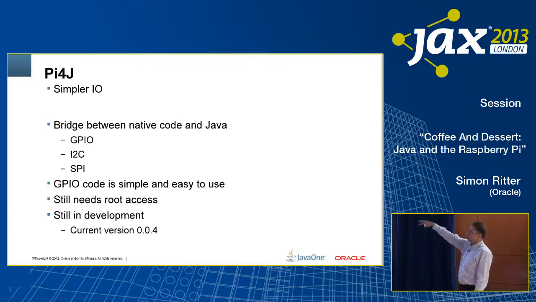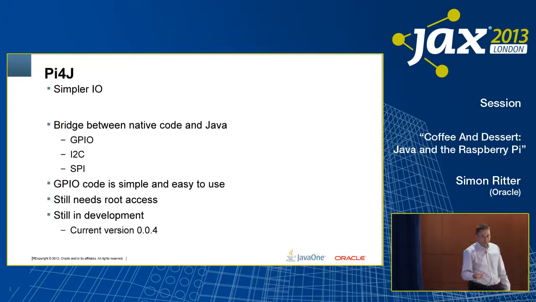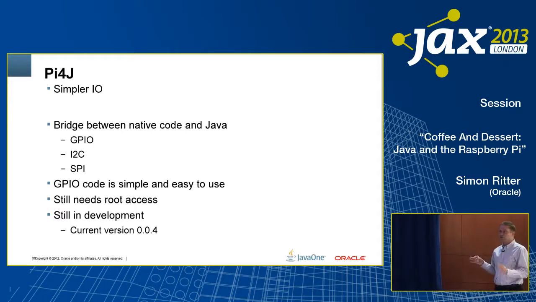So there's a nice, simple API that allows you to control GPIO, I2C, SPI, and so on. Still need root access, but it makes life a whole lot simpler. It's still under development. The current version is 0.0.0.4, so some way off the 1.0 release, but it does work pretty well. I've not found any problems with using the different bits that I wanted to use.